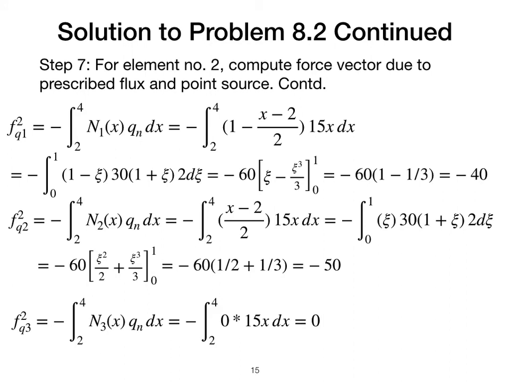This is because again, although qn equal to 15x, n3 equal to 0, and hence F2q3 equal to 0. So what we get is F2q equal to a vector containing minus 40, minus 50 and 0.